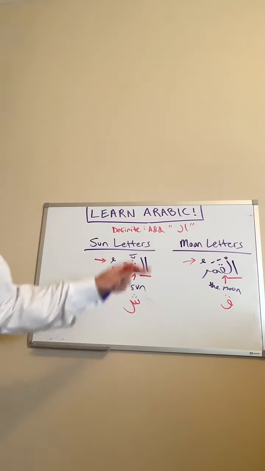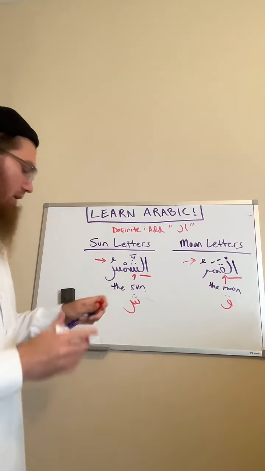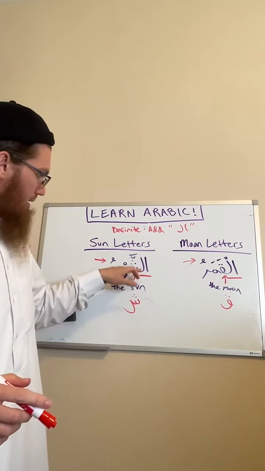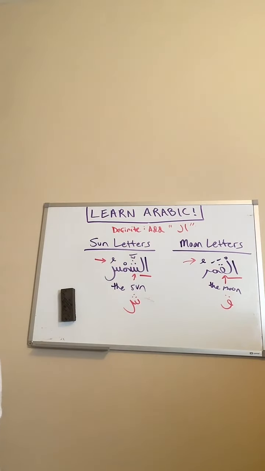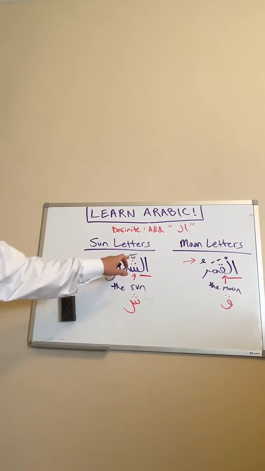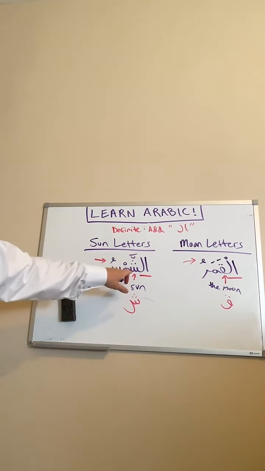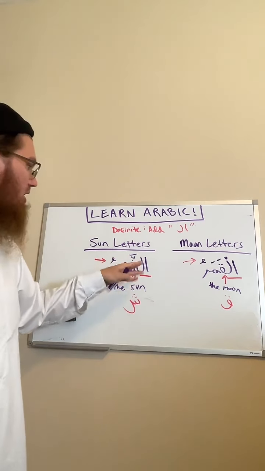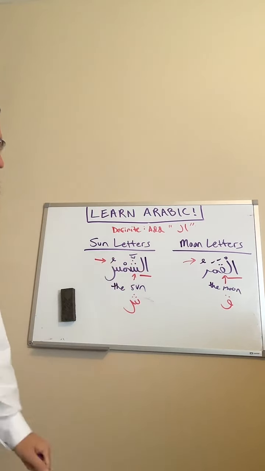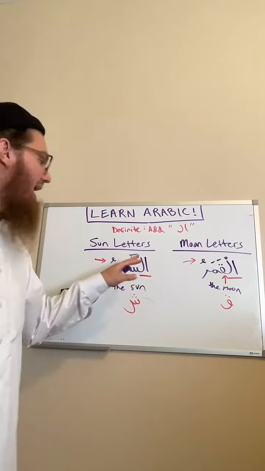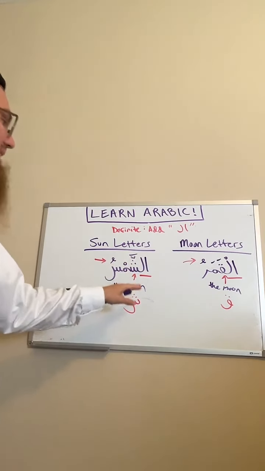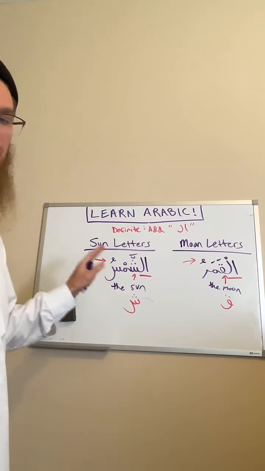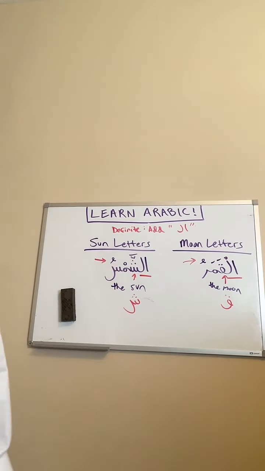So when we're talking about the sun letters, we're talking about letters where we will not pronounce that definite lam. So as you can see, there's a shadda over the sheen. There's a shadda there because we're not going to pronounce that lam. We're not going to say al-shams. We're going to say ash-shams. We're not going to pronounce the lam.